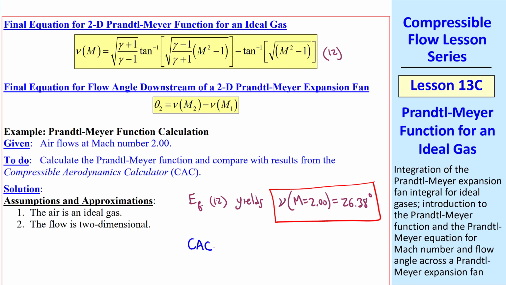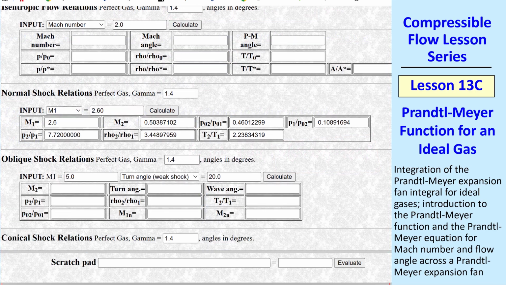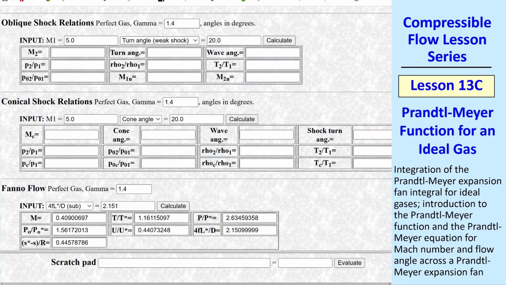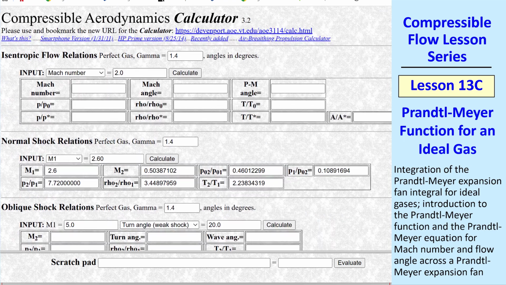The Compressible Aerodynamics Calculator can also be used to find nu of M. Basically, we're solving this equation with the CAC. You can scroll through this CAC and not find expansion fans anywhere, but that's because expansion fans are isentropic.